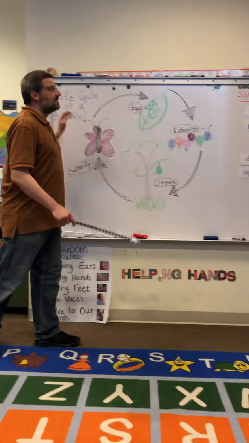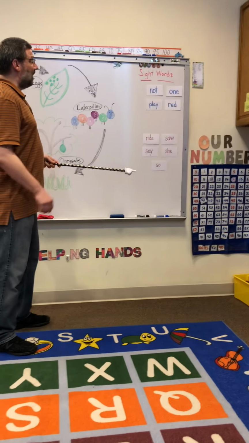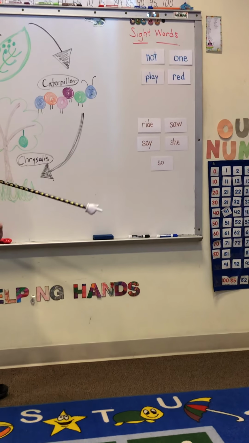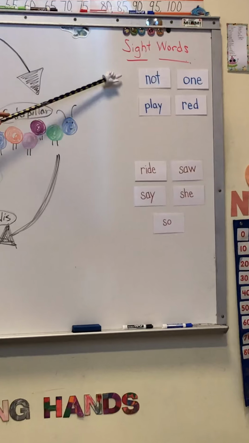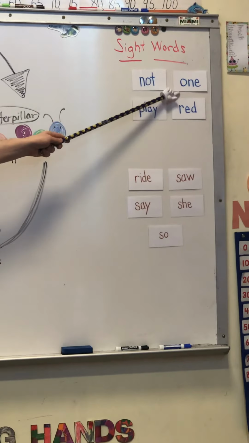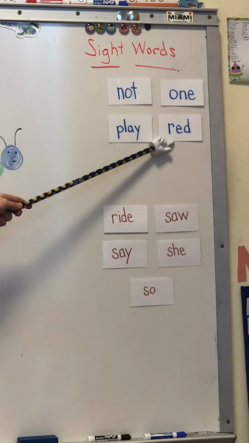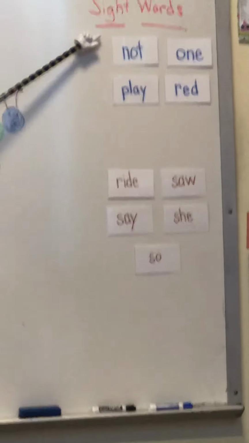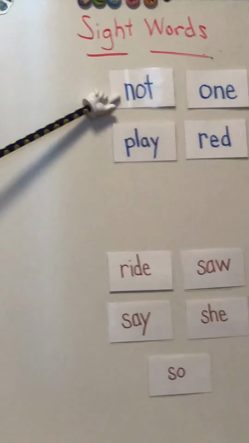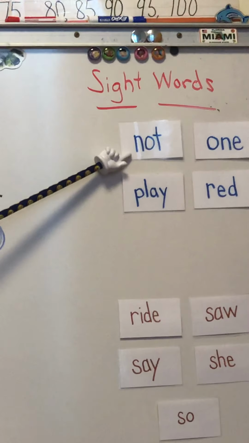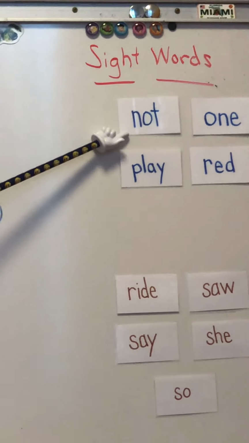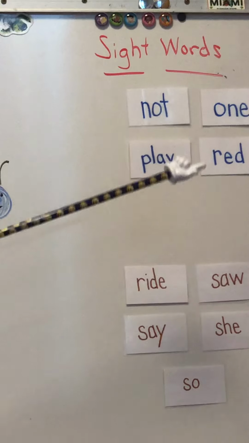Let's go to our sight words this week. Our sight words for the pre-K list are not, one, play, red. Do not eat the food for lunch today.